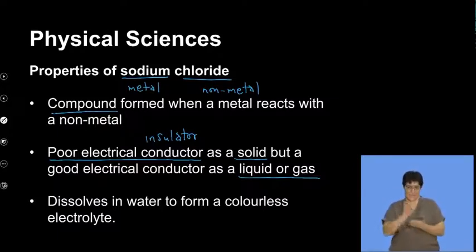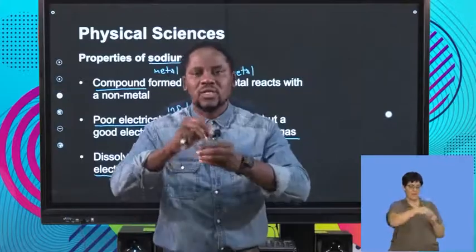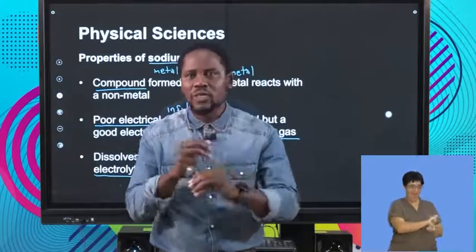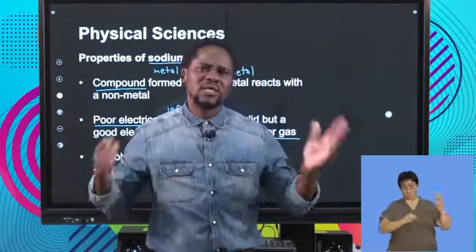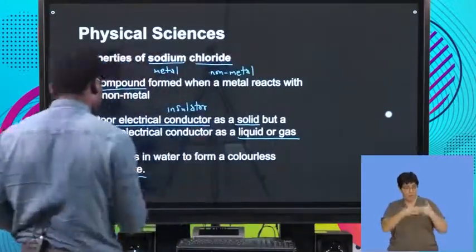And furthermore, we are also saying that in terms of solubility, it dissolves completely in water to form an electrolyte. Remember, electrolytes are only formed when an ionic substance completely dissolves in water, and then these ions are free to move through it. We'll talk about electrolytes more in detail as we look at the periodic table at a later stage, right?